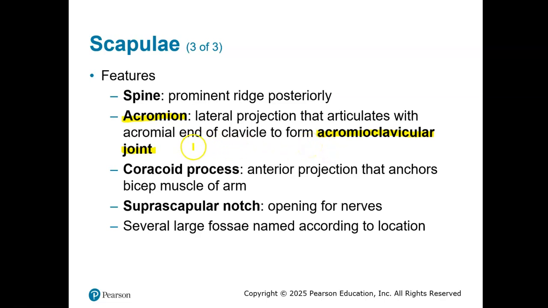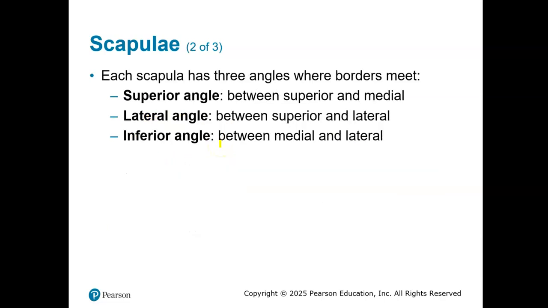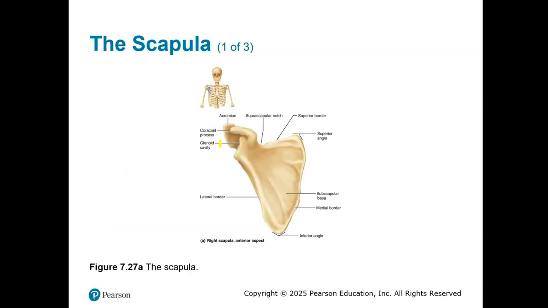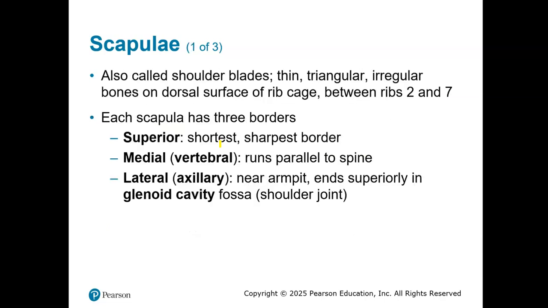And then there is the acromion. It says a lateral projection, but that's what I was looking for. Oh, the glenoid cavity. The glenoid cavity is the structure in the scapula. It's a fossa, and a fossa is a cavity.